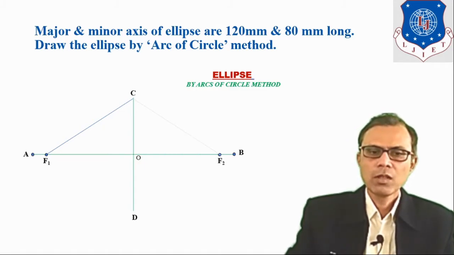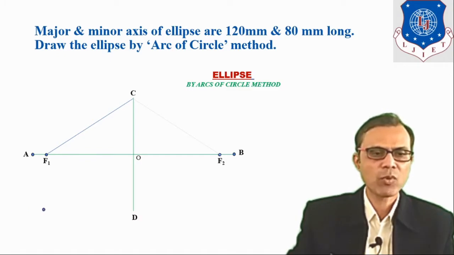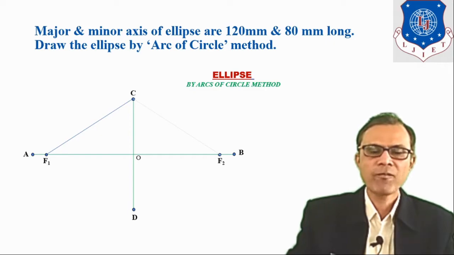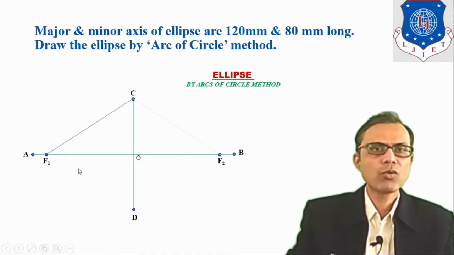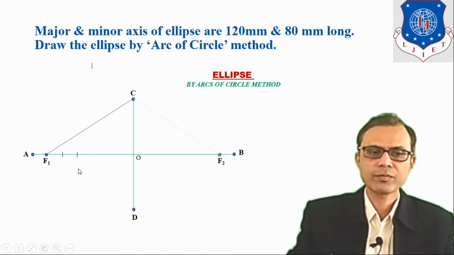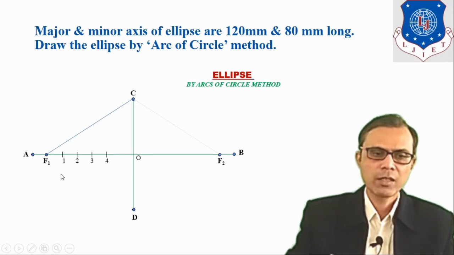Now AB is the major axis, CD is the minor axis, and F1 and F2 are the focus points. Now consider the distance F1O. This distance is to be divided into a number of equal parts. Here we are dividing it into equal parts.